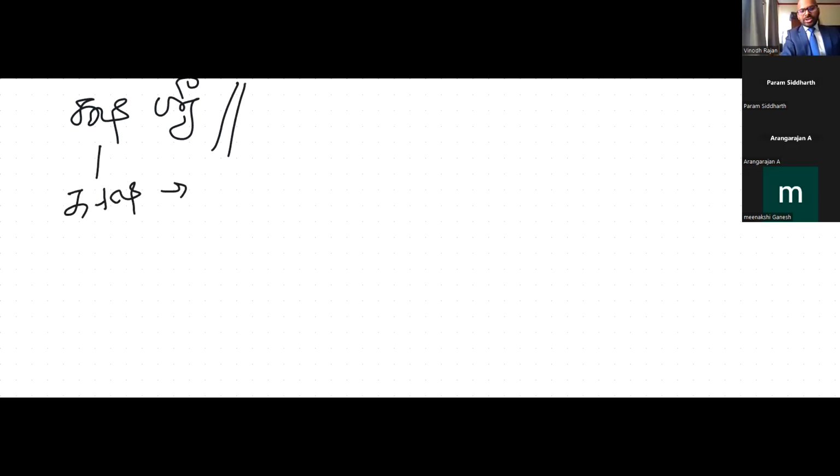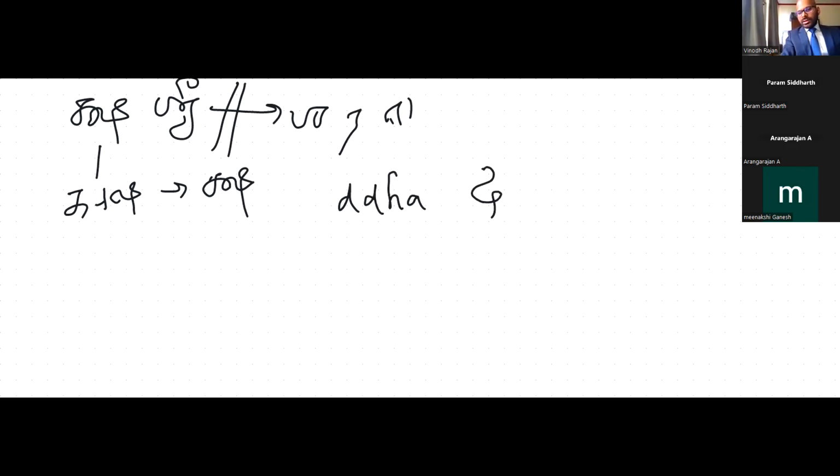Just a quick recap. In Tamil you have ksha and shri, the two samyuktaksharas we use. The combination of k plus sha becomes ksha, and sha, ra, and e becomes shri. In Devanagari, to write the consonant dha, you write the da and then the dha at the bottom.